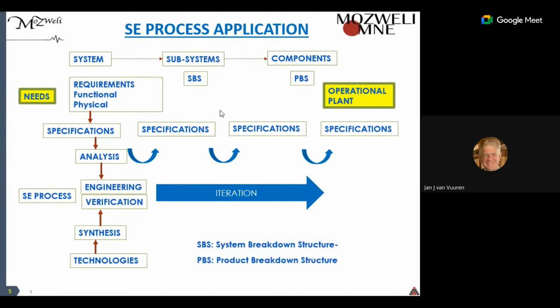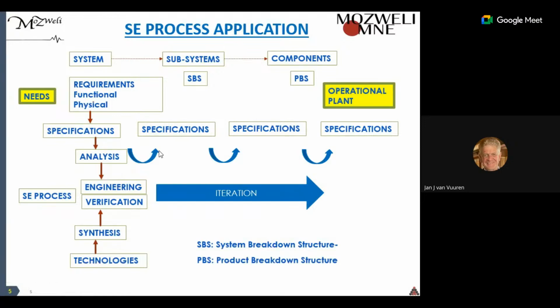So the systems engineering process works on iteration. Firstly, we have the user requirements specifications to comply with our needs. We break it down then into smaller systems that we can specify.